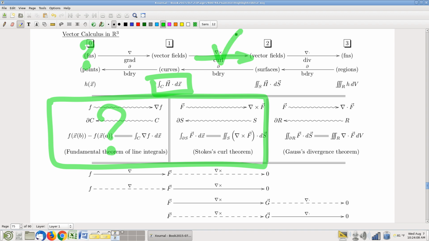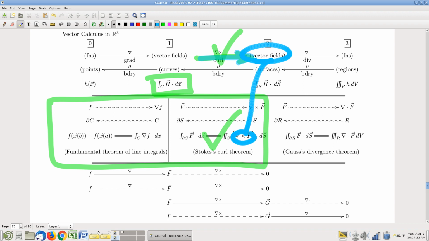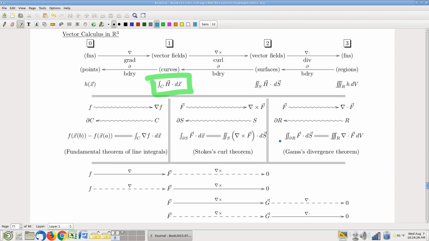So computing the curl will help you decide if you can use the fundamental theorem of line integrals. On the other hand, if you're going to use Stokes' curl theorem, well, guess what? You're going to need to know the curl. So from a certain point of view, if either one of these is going to be useful, you're going to need to know what the curl is in this case.